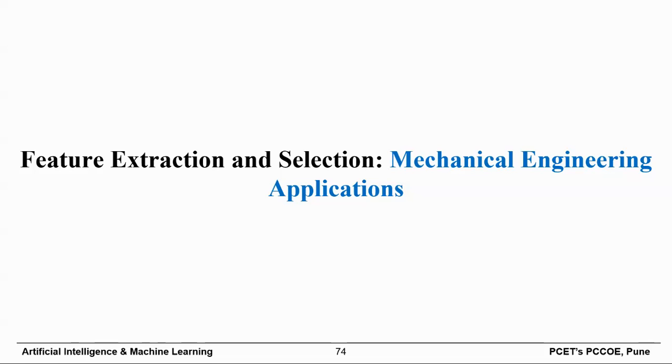Right. But our ultimate goal is to understand the fundamentals. When you start working on a particular project, and if you come across a certain situation, then you can use those algorithms. Now, we will try to explore how the feature extraction and selection techniques are useful for mechanical engineering problems. So let's start with the first example.